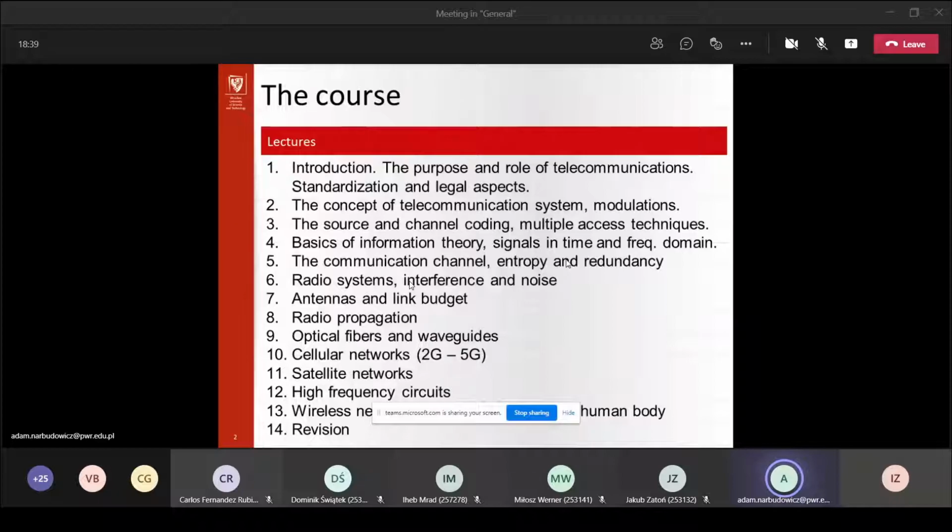And multiple access techniques, this is probably the second most important or more cornerstone concept that we'll be introducing here. This has to do with multiple users sharing the same telecommunication channel.